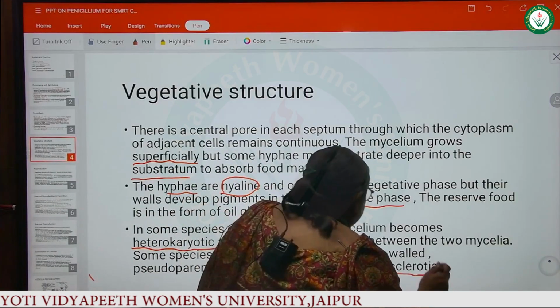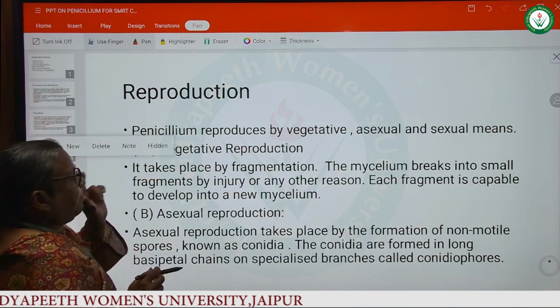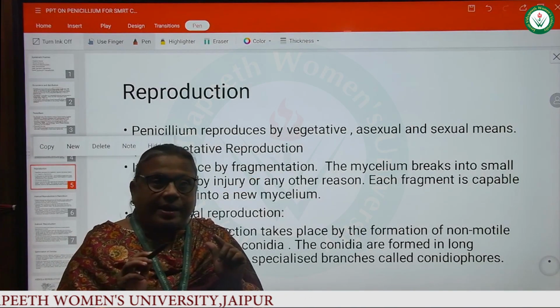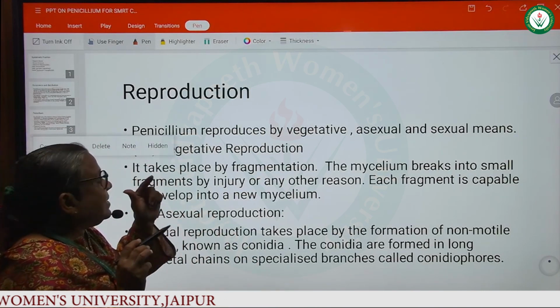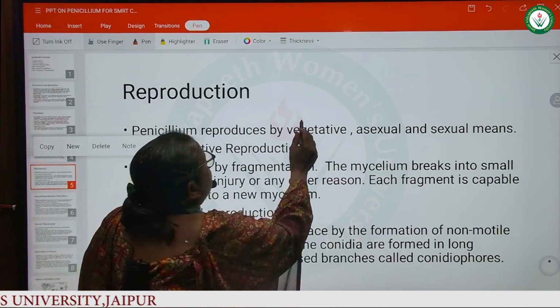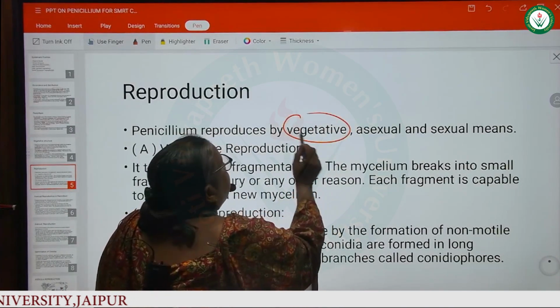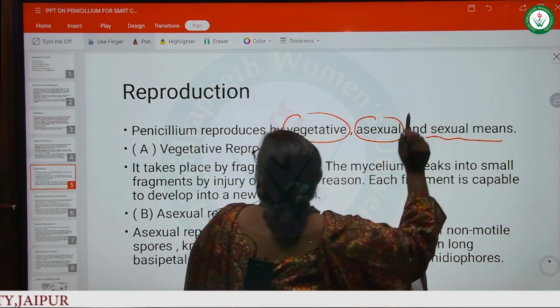These are sclerotia. Now I talk about the reproduction in the fungus Penicillium. How does Penicillium reproduce? Penicillium reproduces by vegetative, asexual and sexual means.